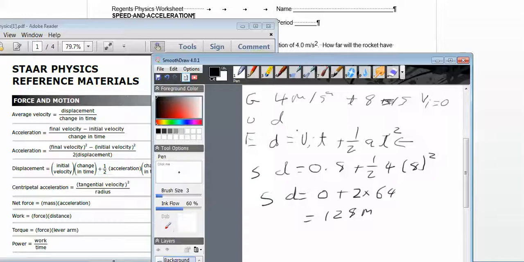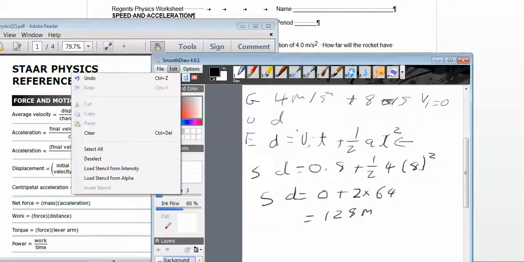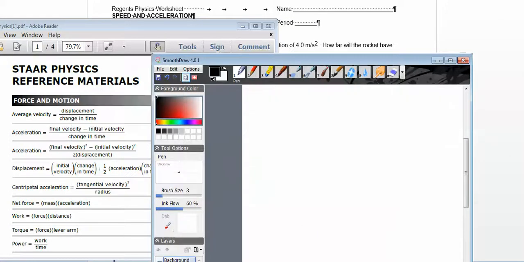I would give you partial credit on that, but on a multiple choice test, you don't get partial credit. So let me clear this and show you another method. It has shorter, simpler steps, and it is more forgiving. You don't have to worry about squaring things.